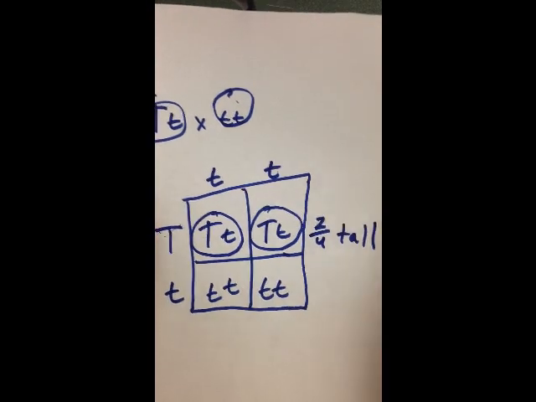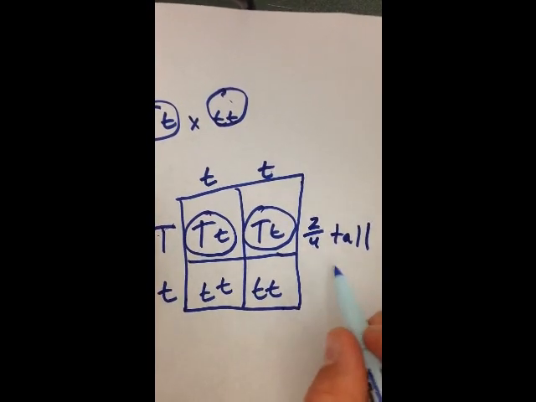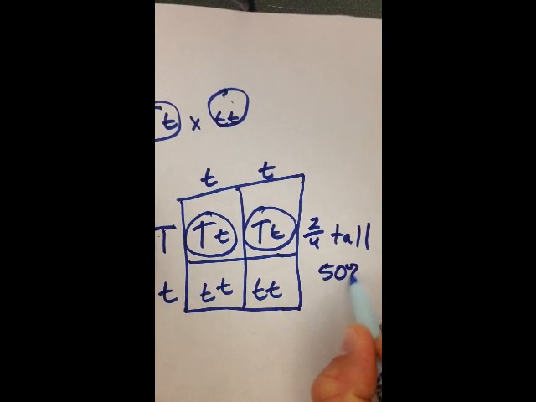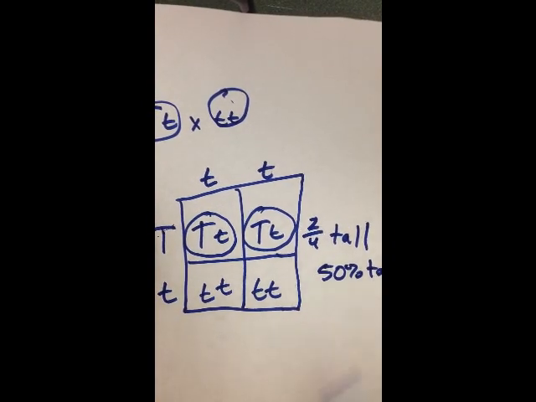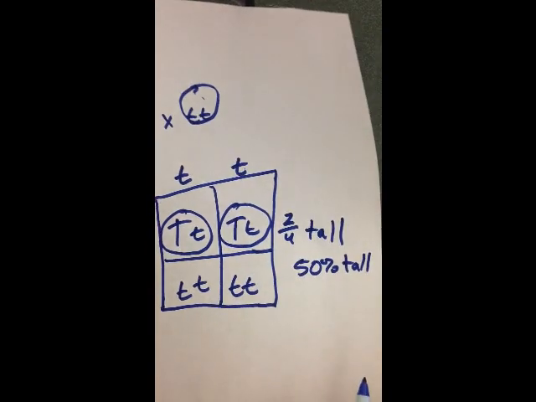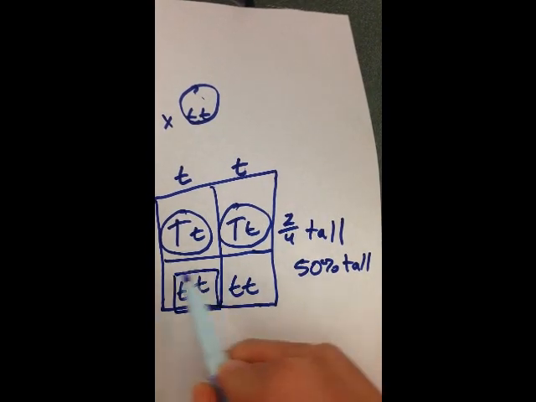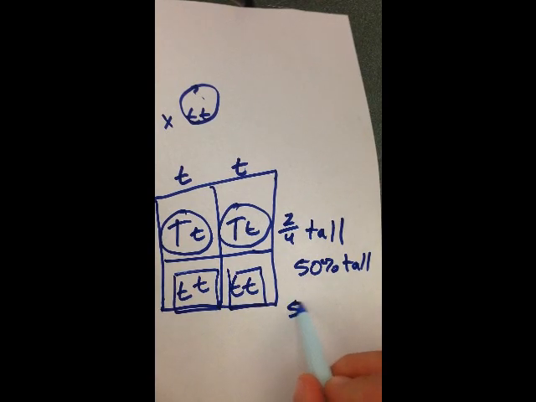If you know your percentages, that would be 50% chance to be tall. And that is what the Punnett square tells us. Here we have a 50% chance to also be short.